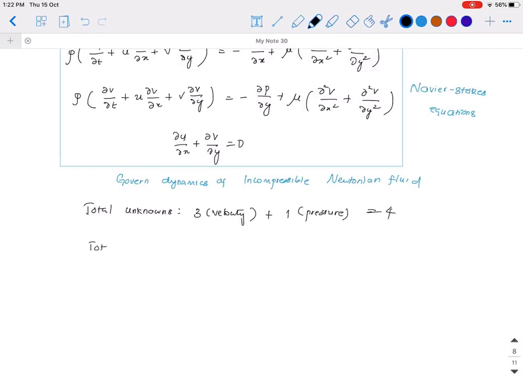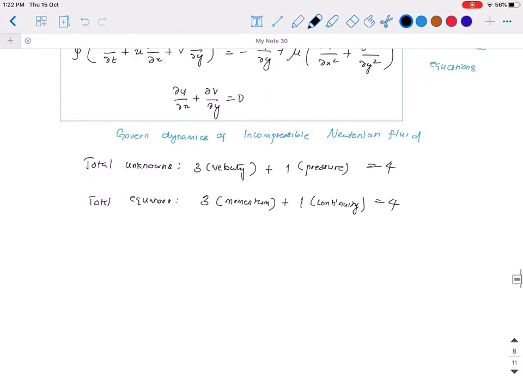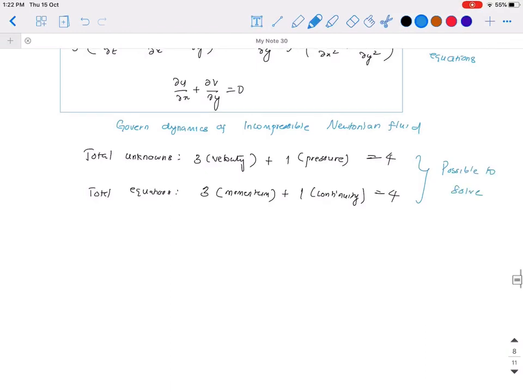The total number of equations is 3 momentum plus 1 continuity, which is also equal to 4. So the number of equations equals the number of unknowns, so it is possible to solve them. However, these equations are very complicated to solve mathematically.